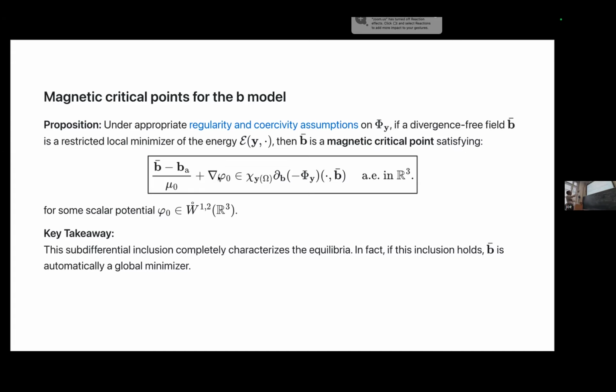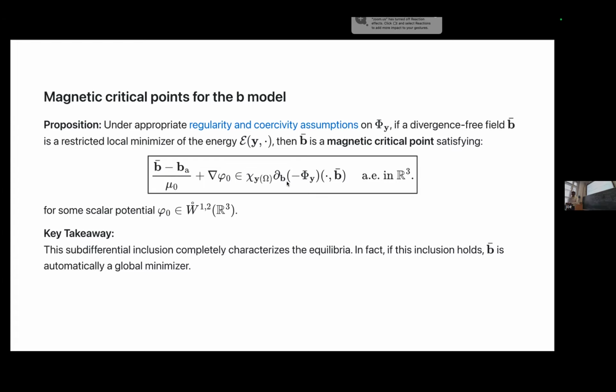So if B is a minimizer of this energy, then there must be some potential such that the sum of B minus BA belongs to this subdifferential. And essentially, this can also be interpreted as a constitutive equation which relates the magnetization M with the magnetic induction.